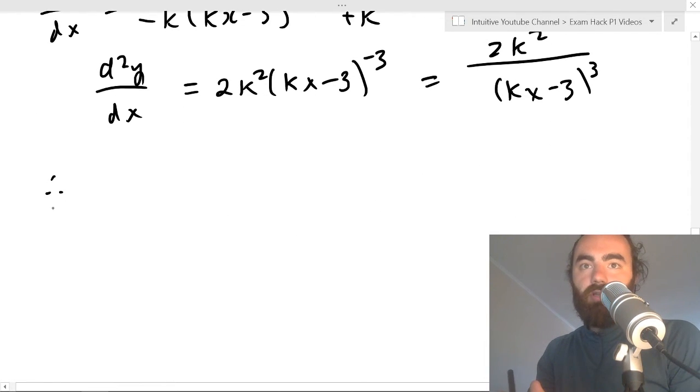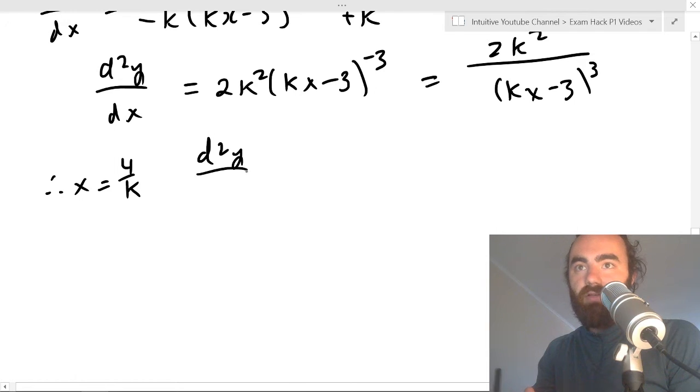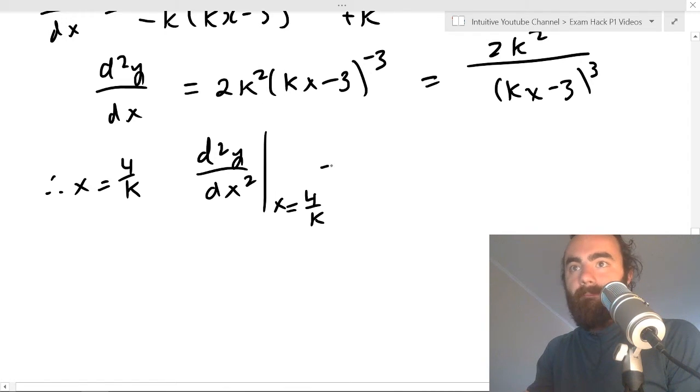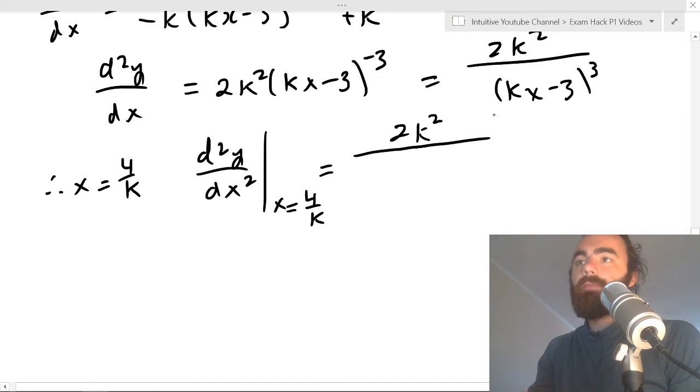So if we want to see the nature of the stationary point at 4 over k, we just substitute it into our second derivative, and we get 2k squared over, and if we substitute 4 over k into here, the k's will cancel and you'll get 4 minus 3, so you actually get 1 cubed.